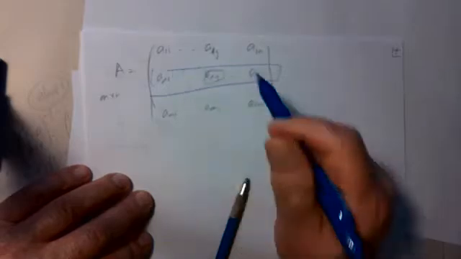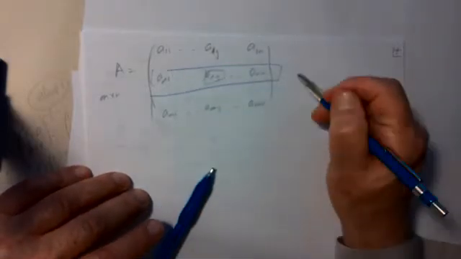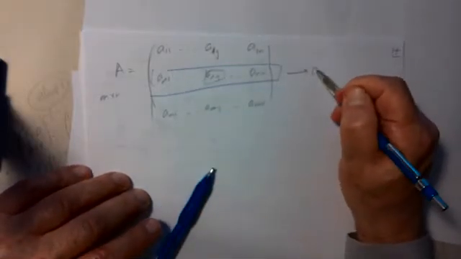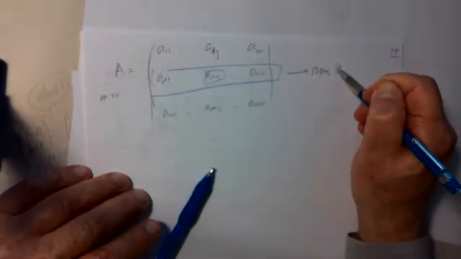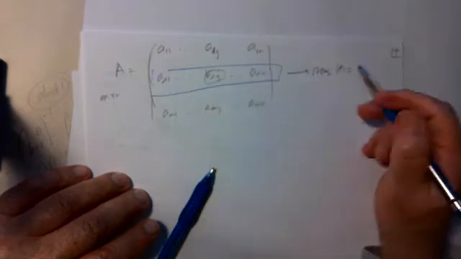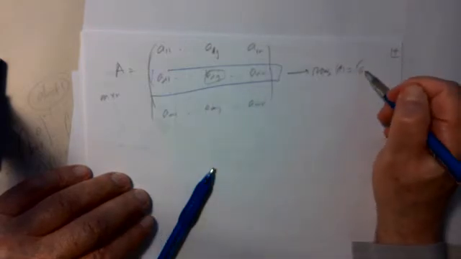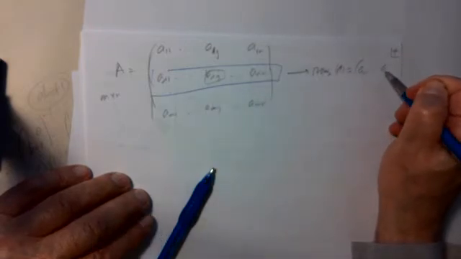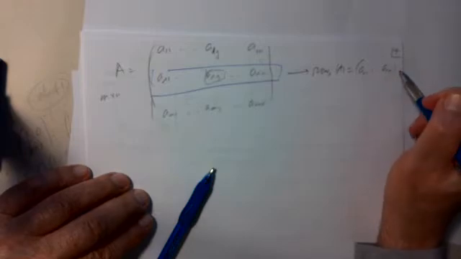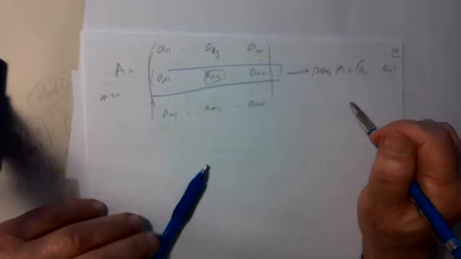If you take the ith row of the matrix, so that's row sub i of the matrix, this is just this row vector, a_i1 up to a_in. It's an n-dimensional row vector.